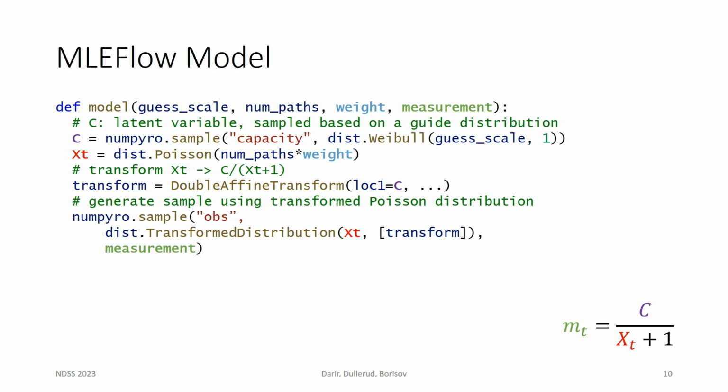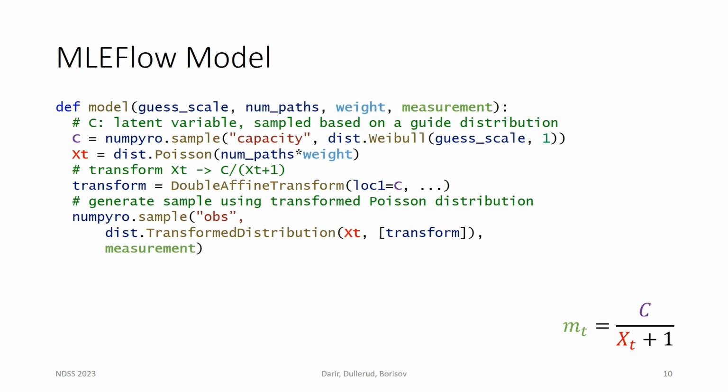Then we apply a distributional transform that I hid away the details of here, but it uses this sampled value, c, capacity, and transforms the Poisson distribution from x_t to c over x_t plus 1. And then this transformed distribution is then used to sample a new value.